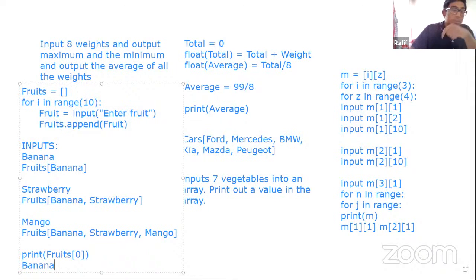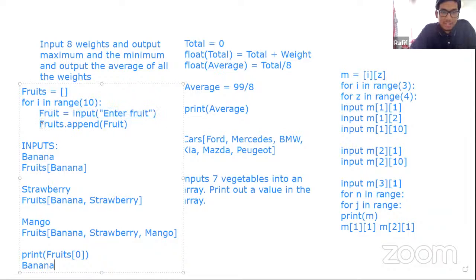So in order to put stuff into the array, you got to use a loop. So you do for i in range, and I put 10. You can put whatever number you want. So fruit, basically the usual input statement.